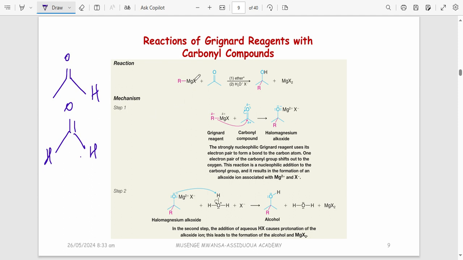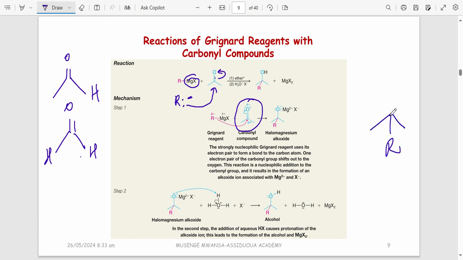So for the Grignard reagent reaction with aldehydes or ketones, remember first thing first is that we are removing the MgX. We are remaining with R, which has a negative charge. This is the one which is going to attack the carbon containing the oxygen. Every time you do that, the bond here always breaks. So this is what happened here, and we ended up forming something like this.